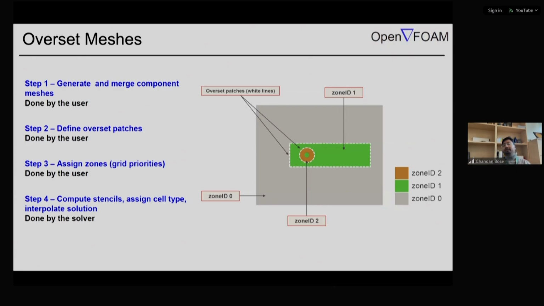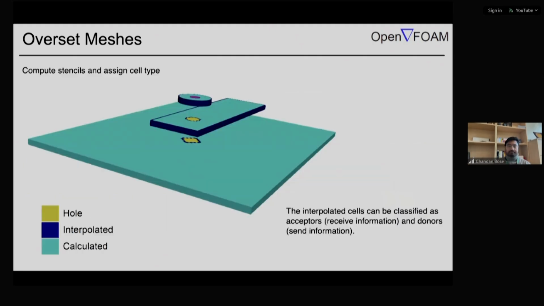The next priority is the refinement region, and the background mesh has the last priority. Then to solve this problem, we have to define a particular interpolation scheme and other related CFD schemes which are used by the code for the overset approach.